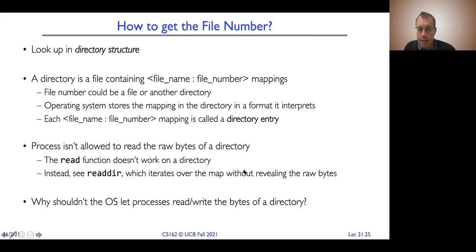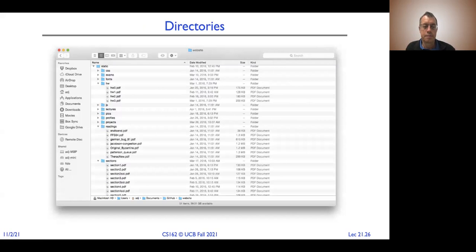You can override. If you override these mappings, you're messing up, because these mappings are maintained by the operating system. It's for the same reason you don't allow a process to arbitrarily modify kernel data structures. That's the reason.